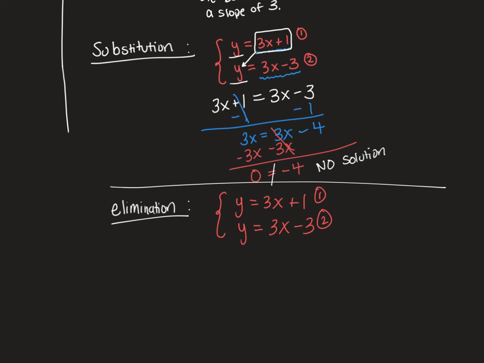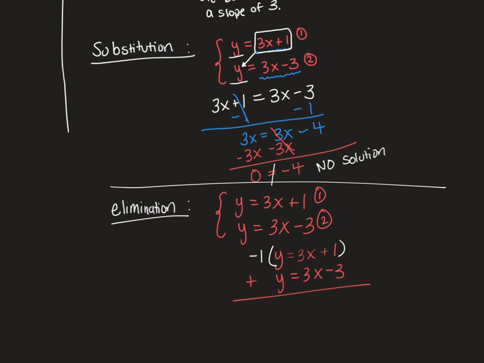If I add y equals 3x plus 1 to y equals 3x minus 3, I just rewrote them, nothing eliminates. But if I multiply the first equation by -1, I'll be able to eliminate something.